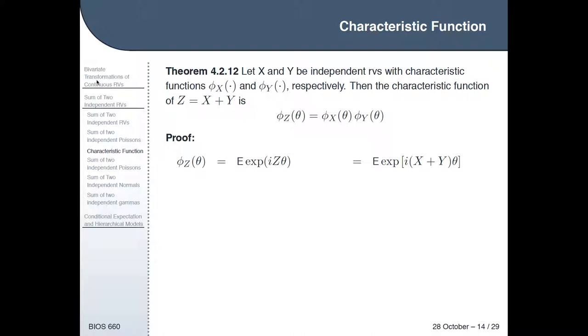And a quick proof of this: the characteristic function of z is, of course, the expected value of e to the i z theta.